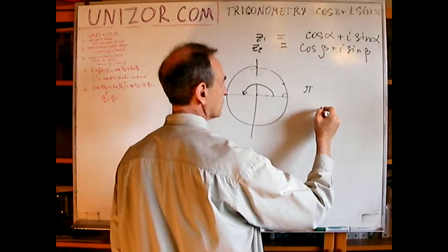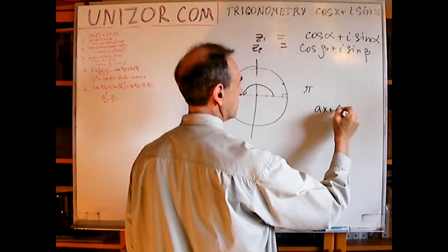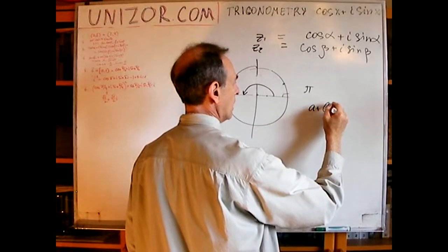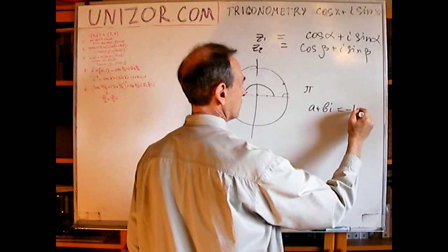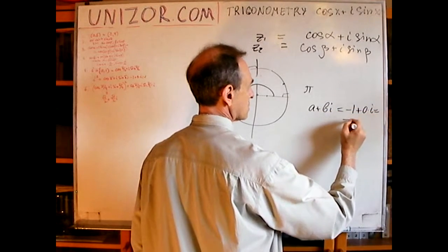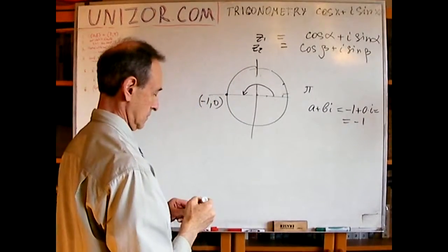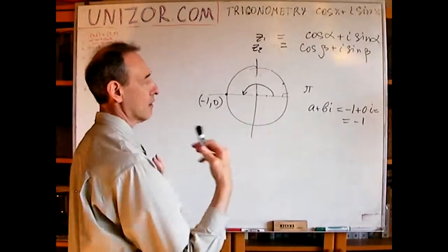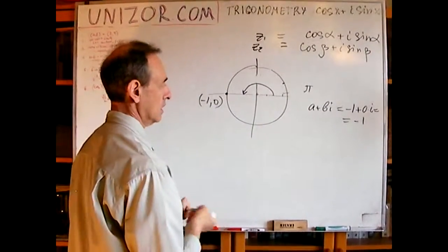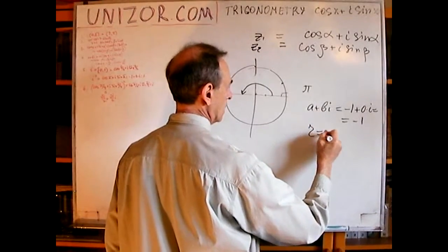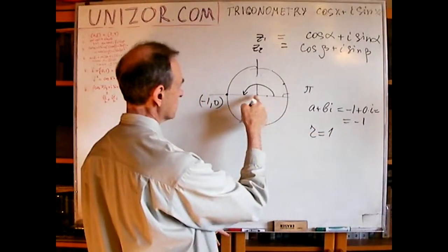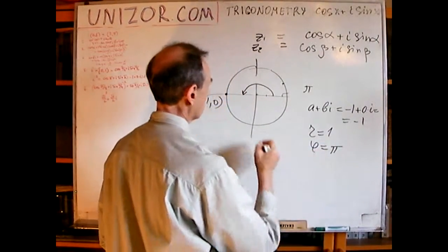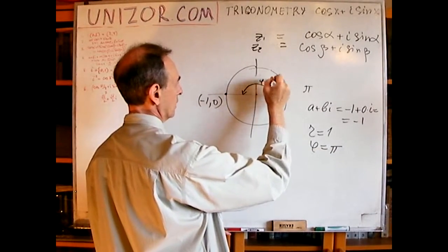So we are talking about a plus bi equals -1 plus 0i, which is -1, right? So this particular point represents this particular complex number. It has in polar coordinates r equal to 1, obviously, because that's the unit circle, and phi is equal to pi.